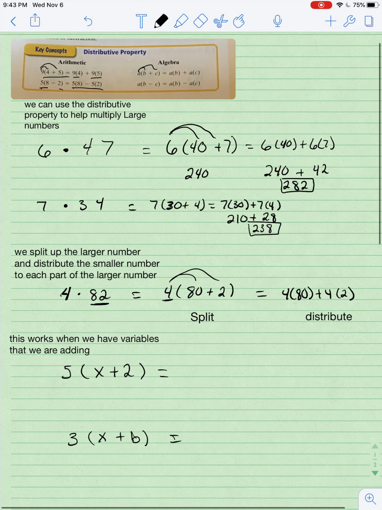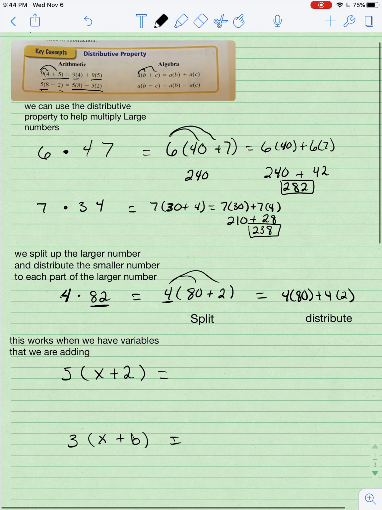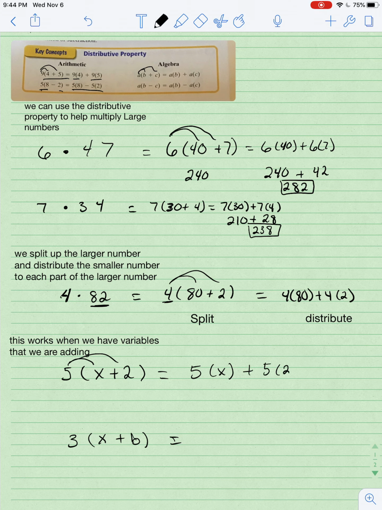Now this can carry over into solving for unknowns. When we start seeing variables, if it's an x plus 2, and we're going to multiply that by 5, same thing, we distribute that 5 to both terms. So we go 5 times x plus 5 times 2. 5 times x just stays as 5x.